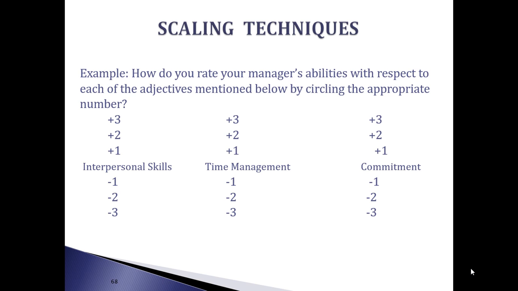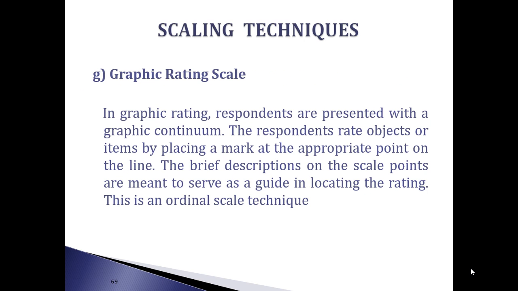The less accurately one thinks the object or item describes the concept, the larger the minus number one should choose. Therefore, one can select any number from +3 for very accurate all the way to -3 for very inaccurate. This is an interval scale technique.